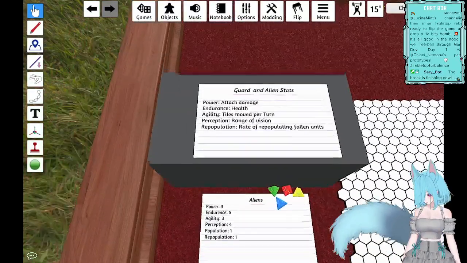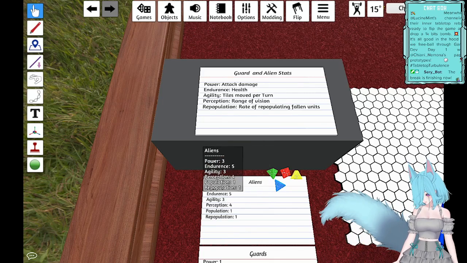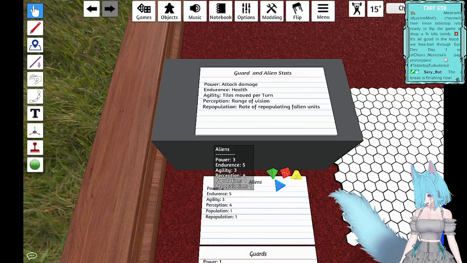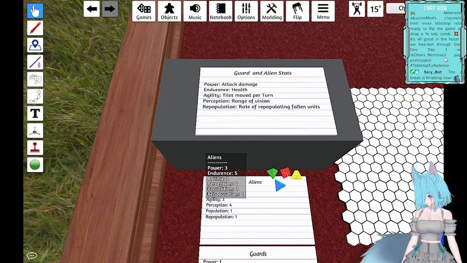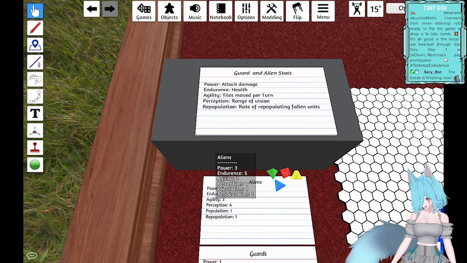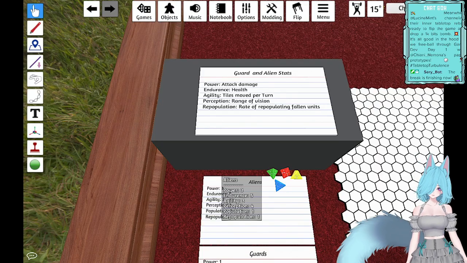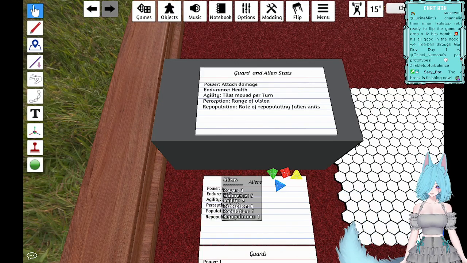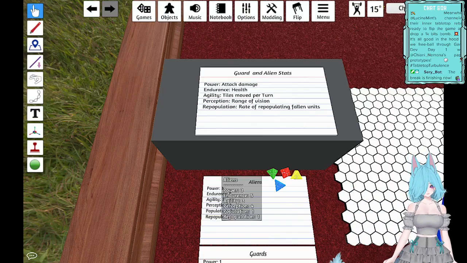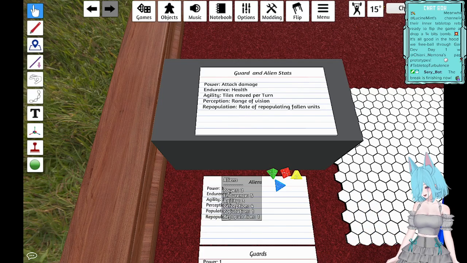So yeah, as for the population and repopulation, we take these stats: 3, 5, 11, 15. 15 divided by 4 is... God. I need a calculator. I suck at math.